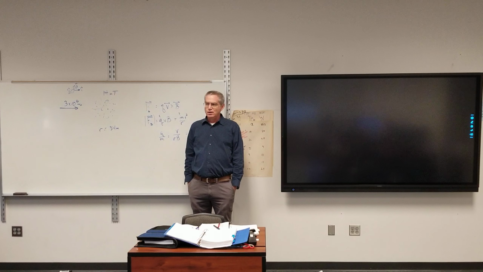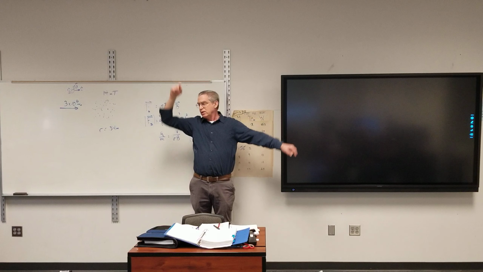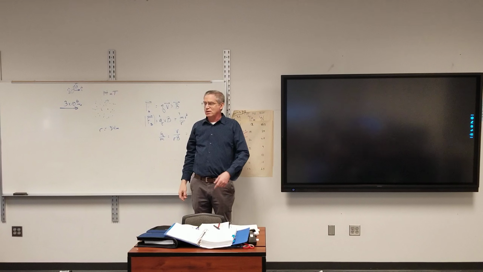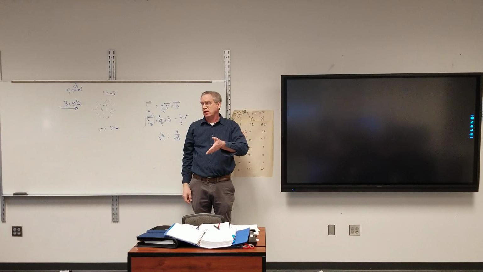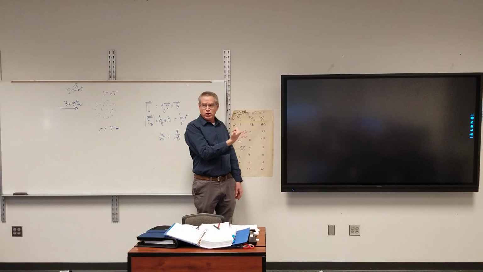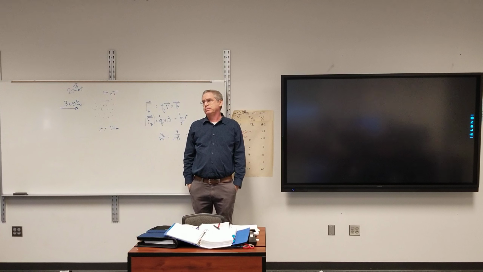It says curves positive y. So is positive z into the board or out of it? If i is that way and j is that way, in a right-handed coordinate system, i cross j is k. So positive z would be out. Yes.